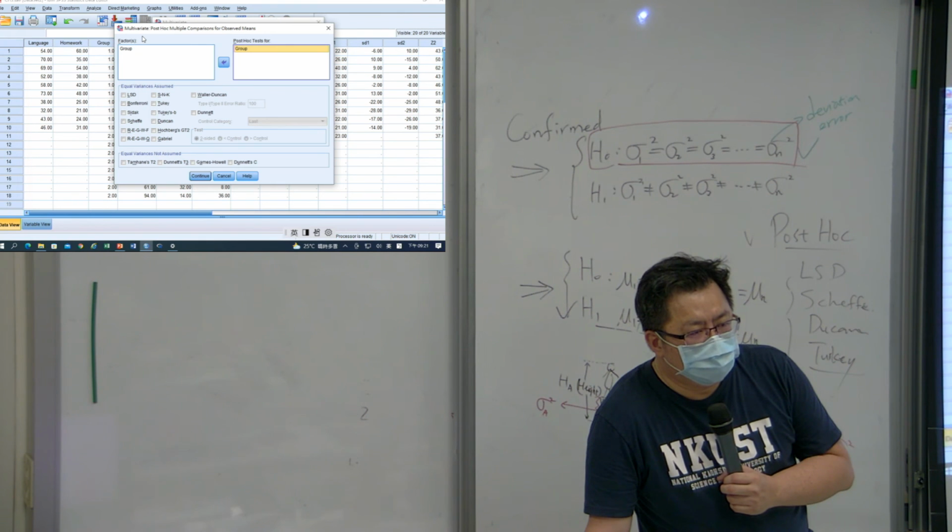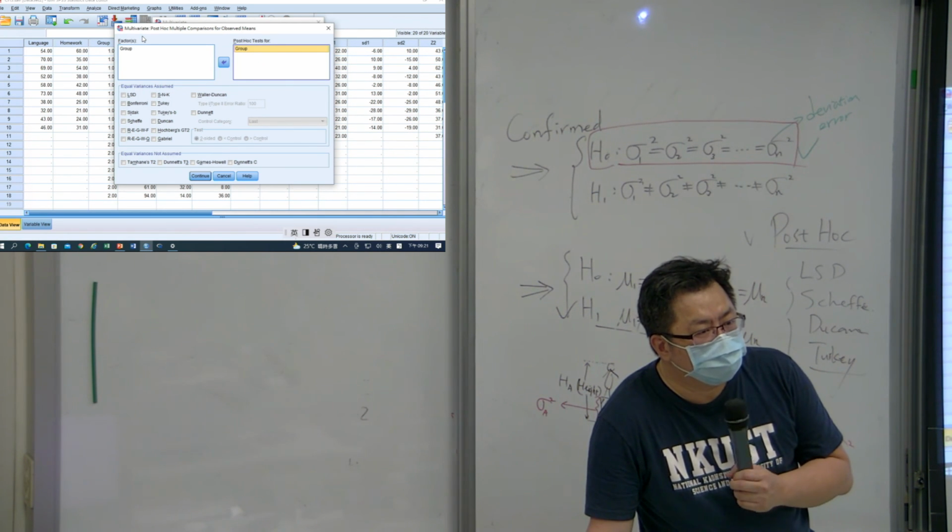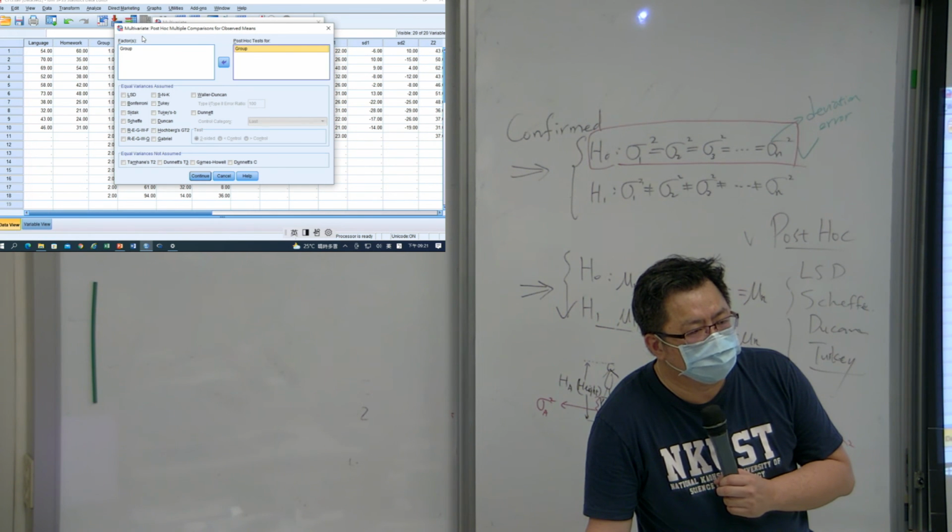And sometimes if you become a reviewer, you read a paper, they use a statistical method and they use Tukey. You can ask them why they use Tukey, why they don't use Scheffé.